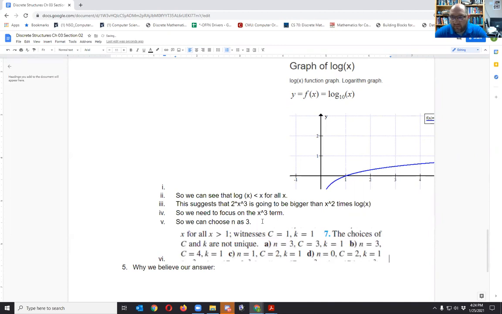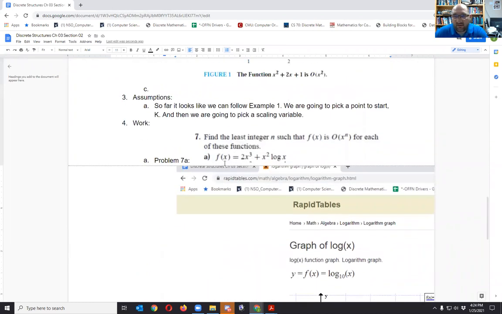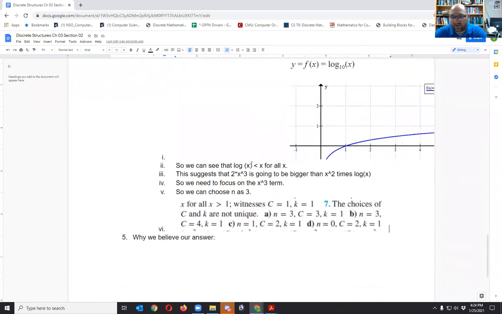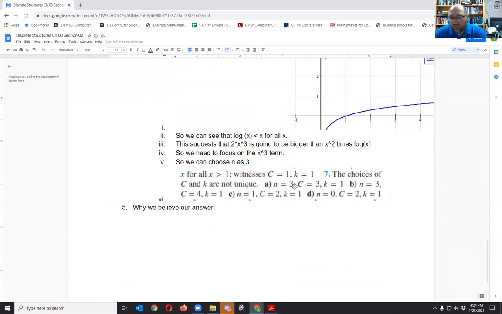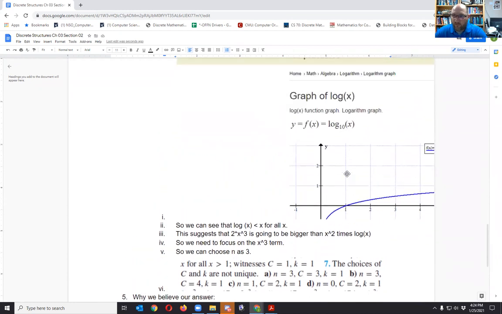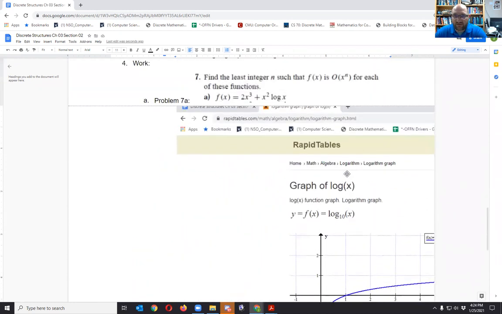I'll throw this in there. So the choice of C and K are not unique. Where does it ask about that? It says 7, find the least integer n such that f of x is big-O of x to the n for these functions. And there's no mention of C in this, my friends. It says n equals 3 and C equals 3, K equals 1. Okay, so let's talk about that for just a little bit.